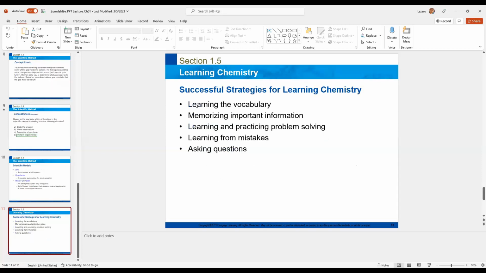Here are some strategies that I recommend you to follow in order to learn chemistry. First of all, learning the vocabulary. As you can see, every science has its own vocabulary, and every word has a meaning in the frame of this science. You must memorize important information, for example, laws.